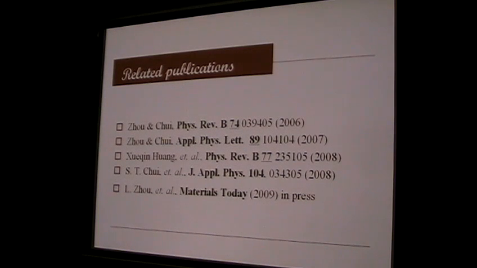Yeah, indeed. Actually, there's one group in Spain. They have a very clever idea. They just use negative index materials. They fabricate a sample which has a negative index along one direction and a positive index along the other direction. So if you shine a light along the axis between these two, the light will separate into two beams.